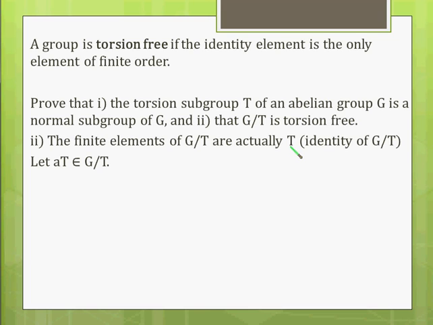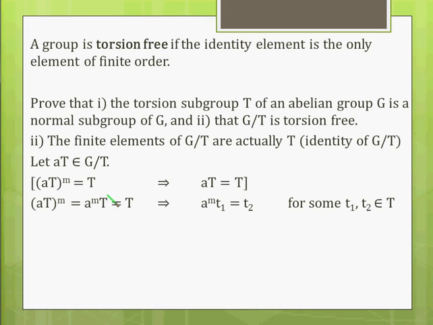So we have an element in the factor group, aT, and we want to show that if that's of finite order, then actually it is the identity. So we have aT to the m.